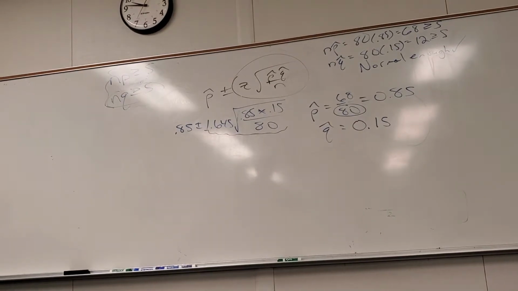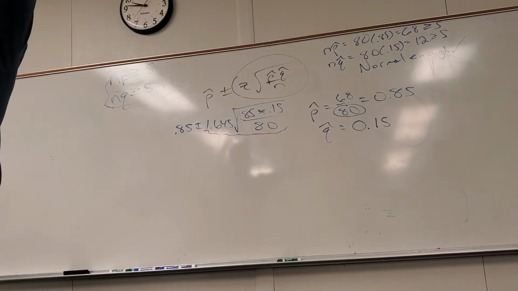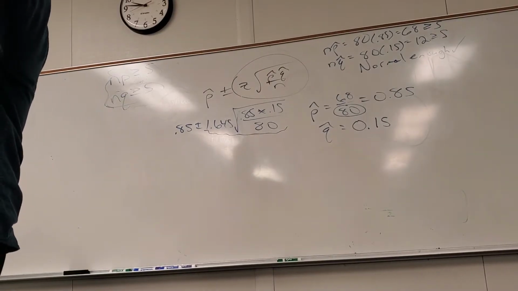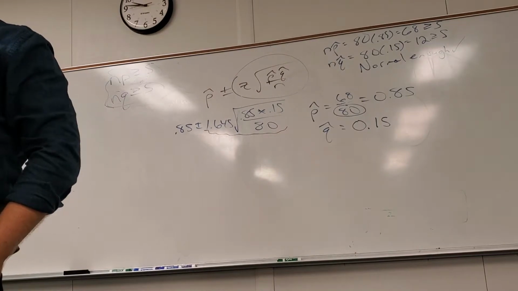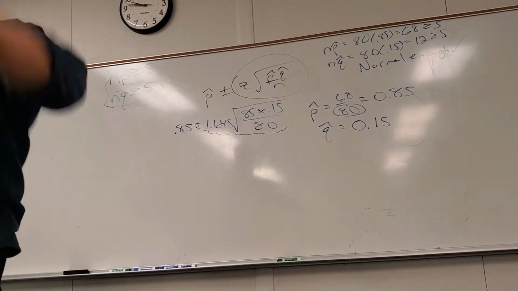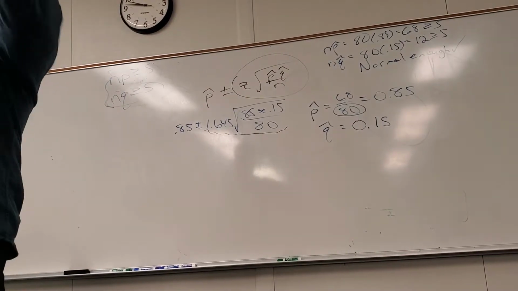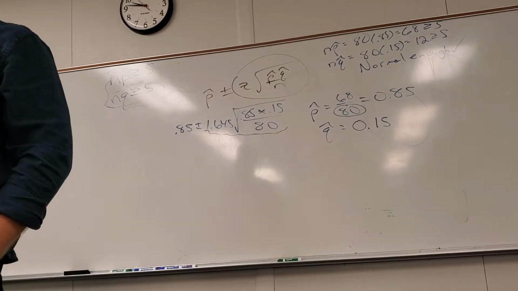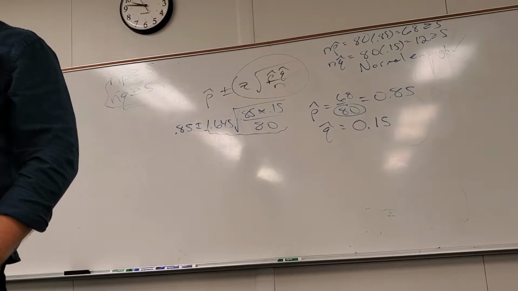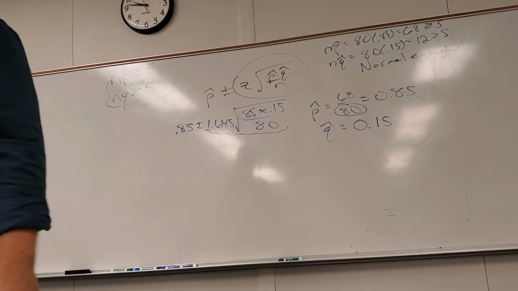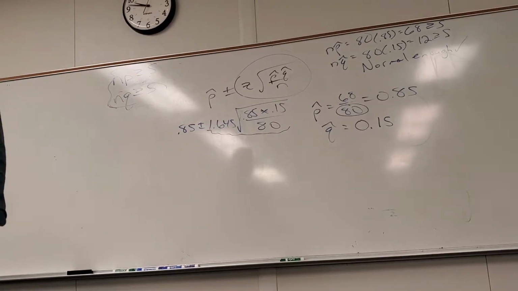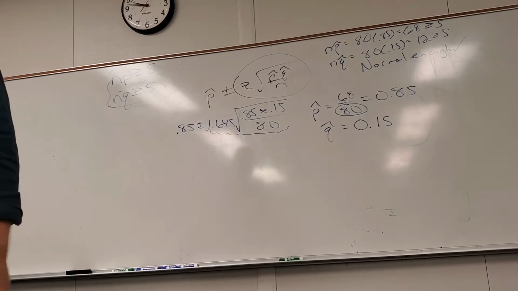If I wanted 93%, what's outside then? 7%. Cut it in half. Half of 7 is 3.5%, 0.035. I would look that up in the chart. You know I'm going to do that because I'm that evil.